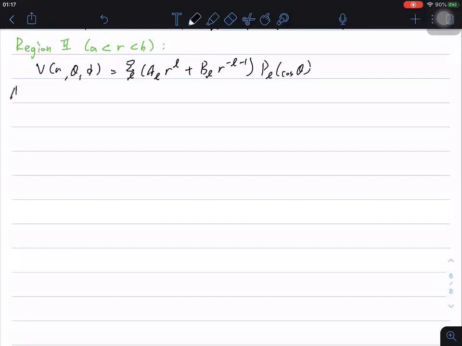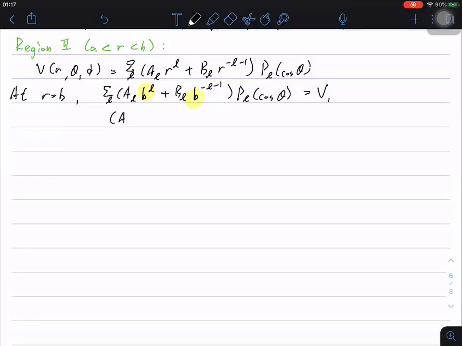So first of all, let us consider R equal to B. When we plug R equal to B here, the boundary condition is equal to V1, and again we perform the same trick.